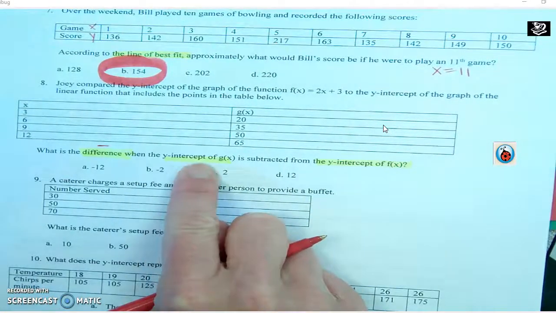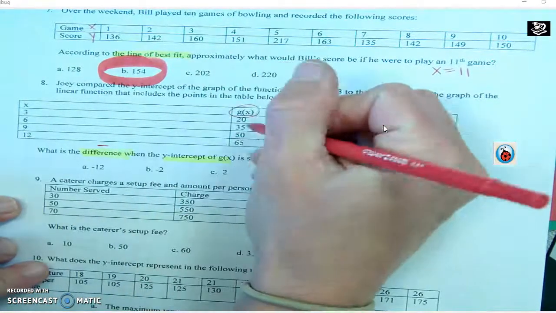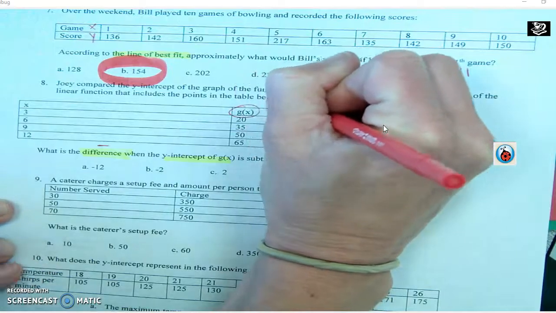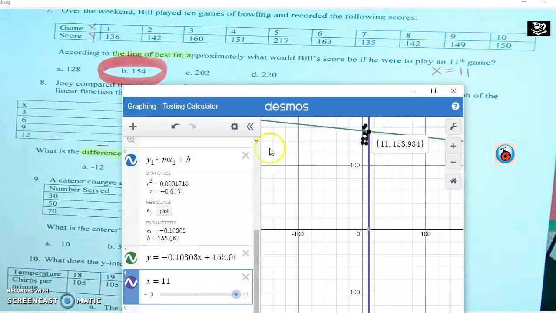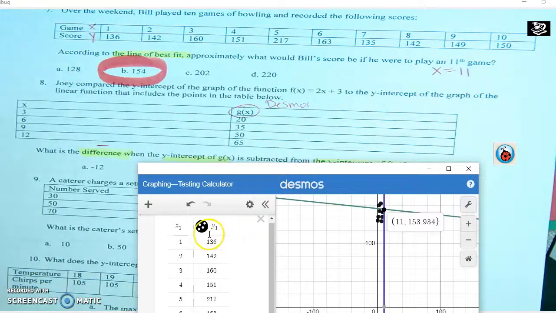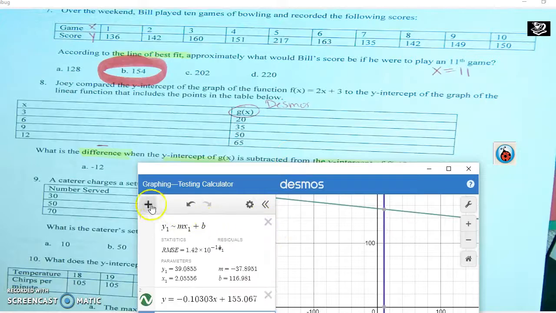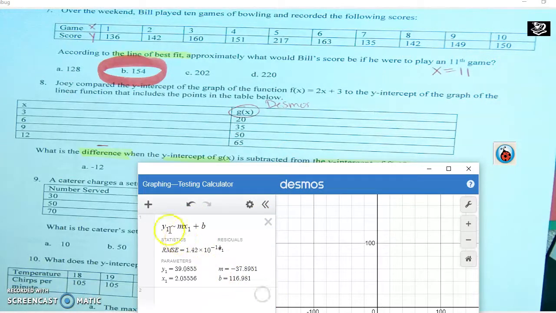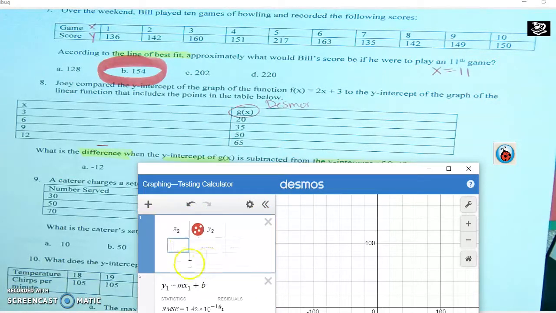The y-intercept of g of x, well, g of x is the table, so I'm going to have to use Desmos again. So let me put in a table. And see how it made them x2, so I need to make it x1 and y1.